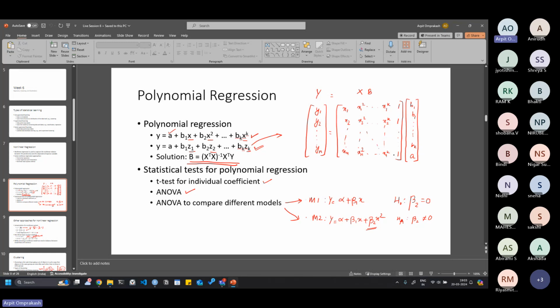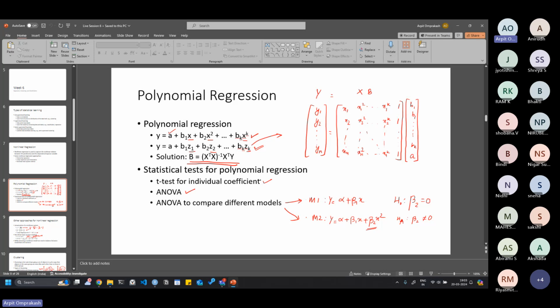How we solve this is we convert it into a multiple linear regression problem, by substituting x as z1, x squared as z2, and so on, x^k as zk. Under some conditions we can do this and get the solution written here: (X transpose X) inverse times X transpose y.